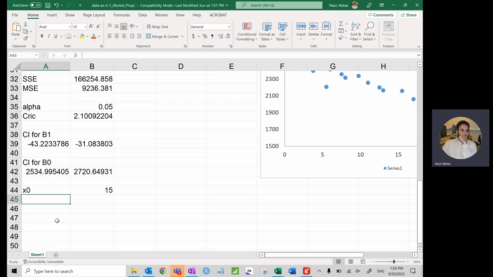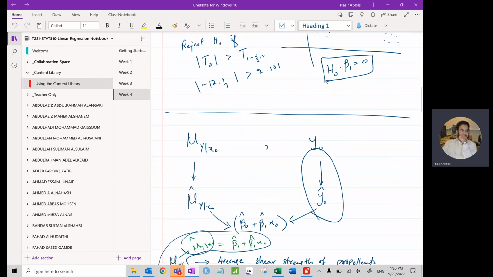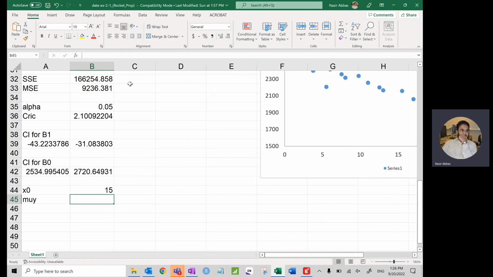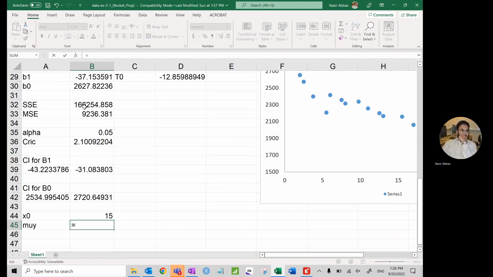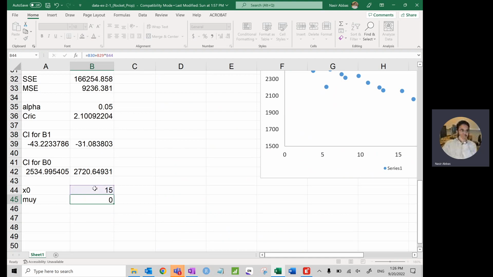So what is the mean of y when x is 15? The point estimate. What is the point estimate we discussed? We just plug the value inside the model and get the point estimate. Mu hat of y when x is x naught is simply beta naught hat plus beta 1 hat times x naught. So I just plug it in: this plus this times 15 equals 2070.51.